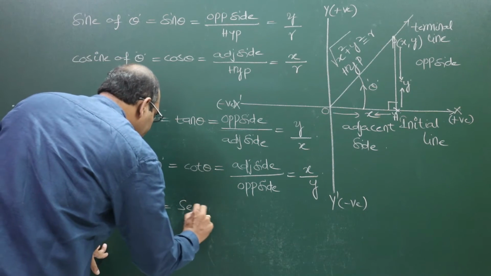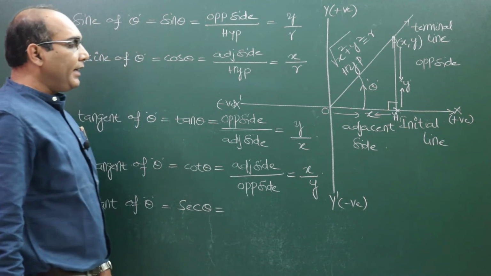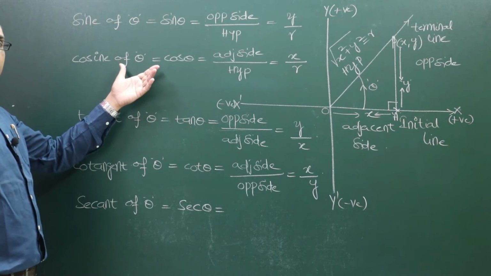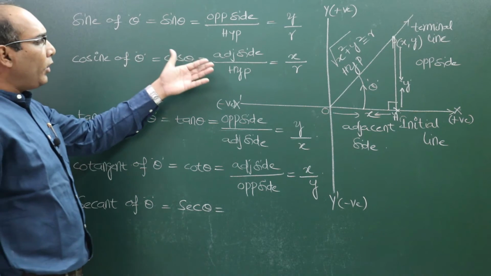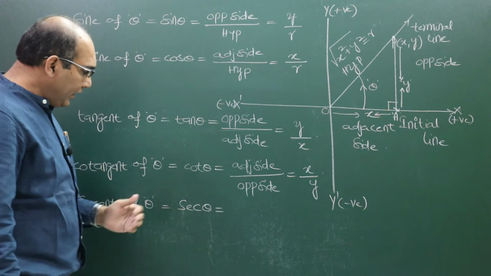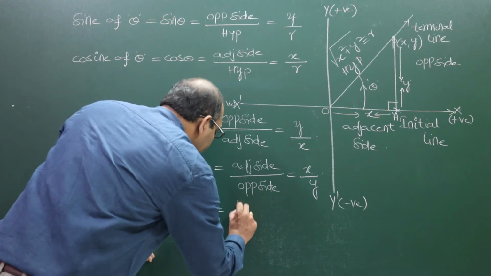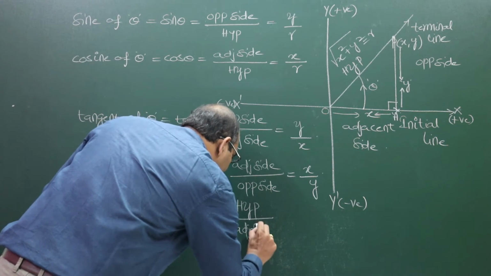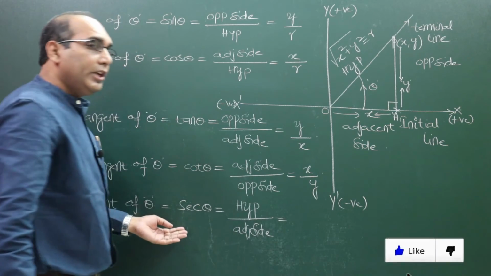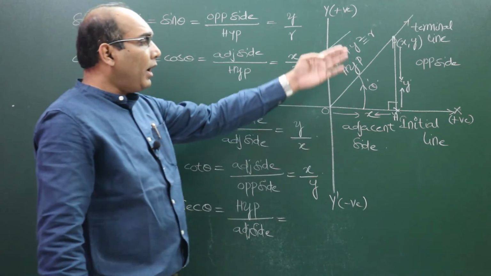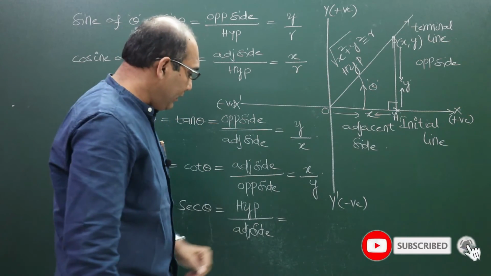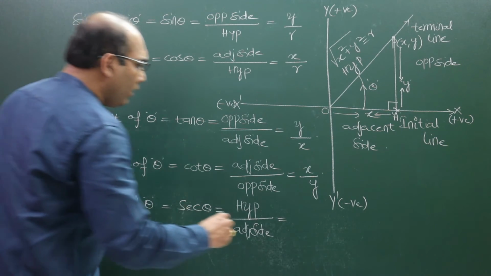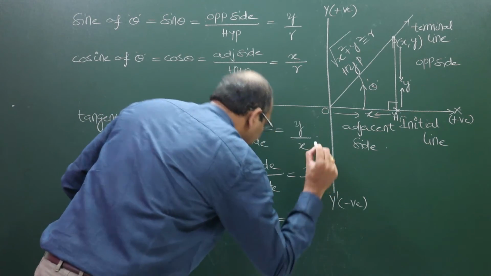Simply we write secant theta. The secant theta is nothing but the reciprocal of cos theta. So here hypotenuse by adjacent side is defined as secant theta as per my reference triangle, and this one is r by x.